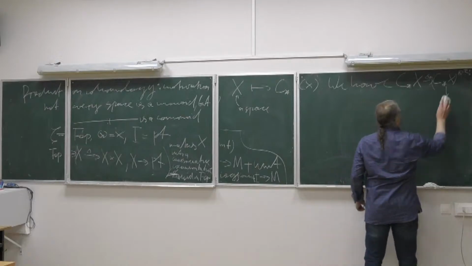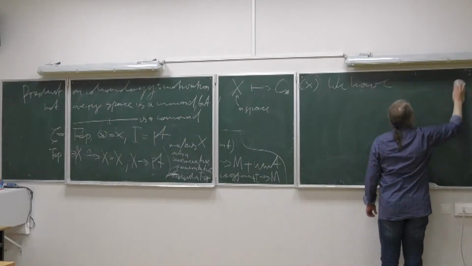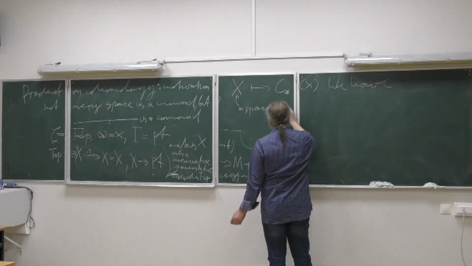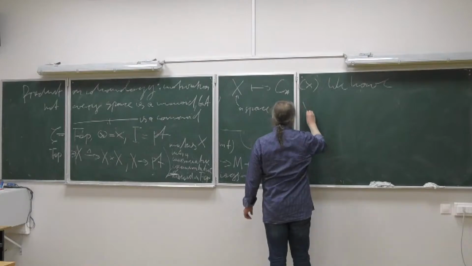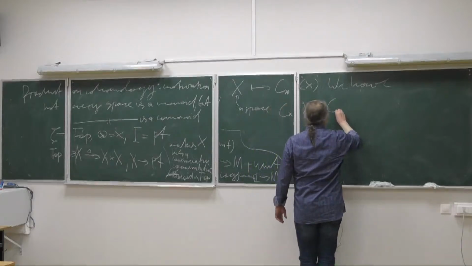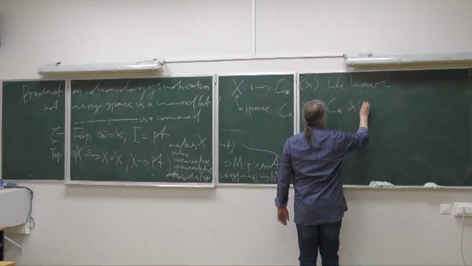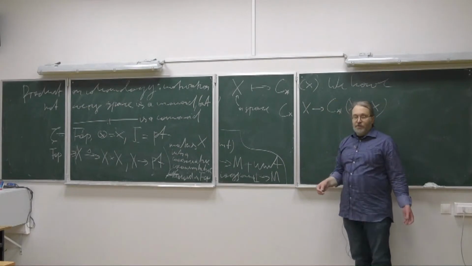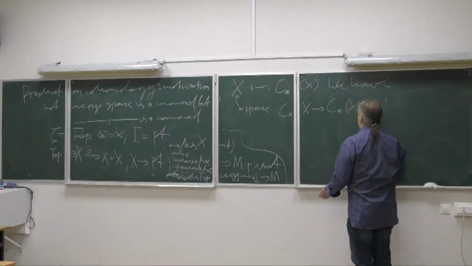Actually, let's be more precise. We have the diagonal map on the level of spaces. So we have one for chains. No surprises there.